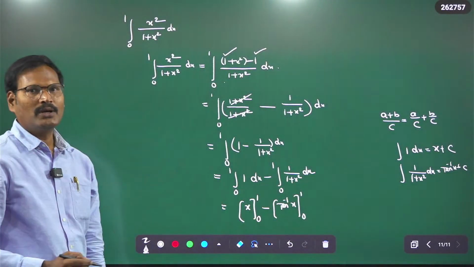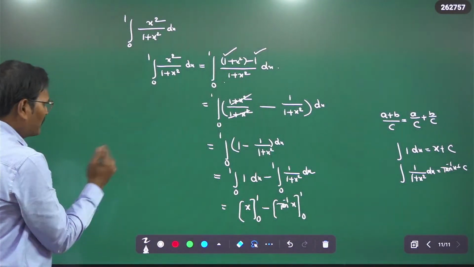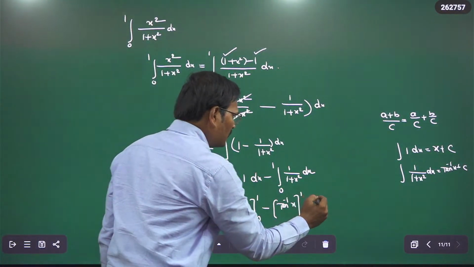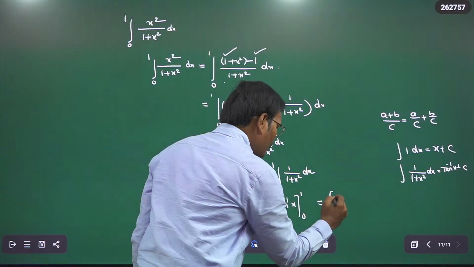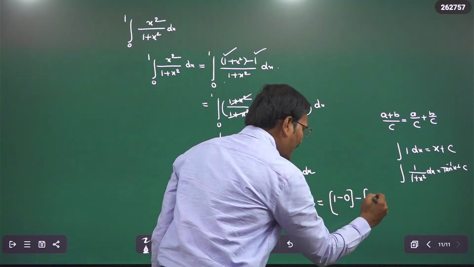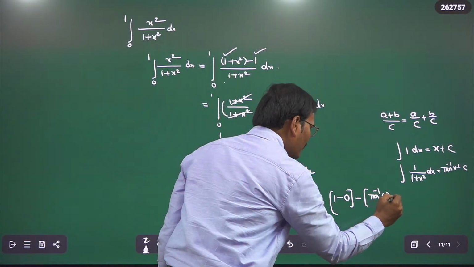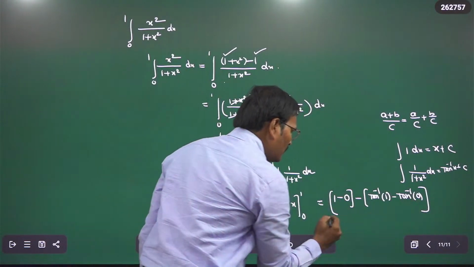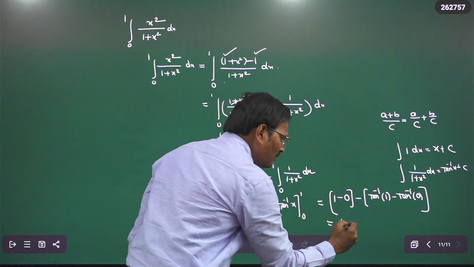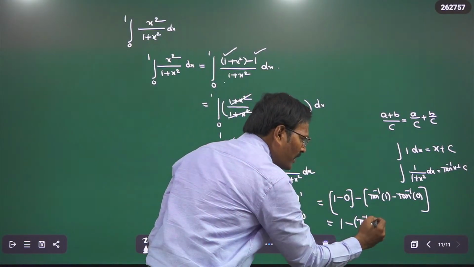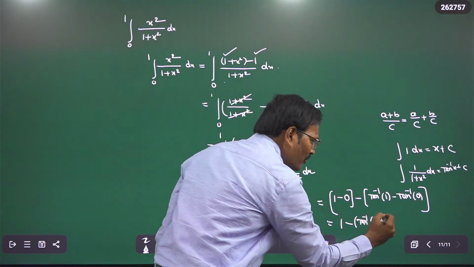Now substitute the upper and lower limits. So 1 minus 0 minus of tan inverse of 1 minus tan inverse of 0. So 1 minus 0 means 1, minus tan inverse of 1; just now I told you 1 means tan pi by 4.